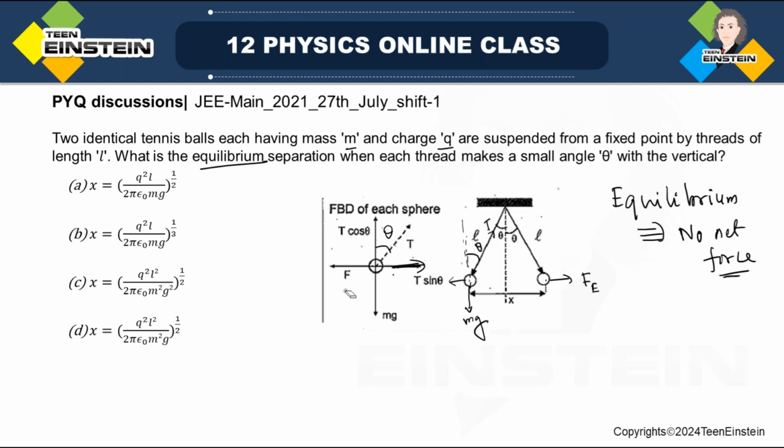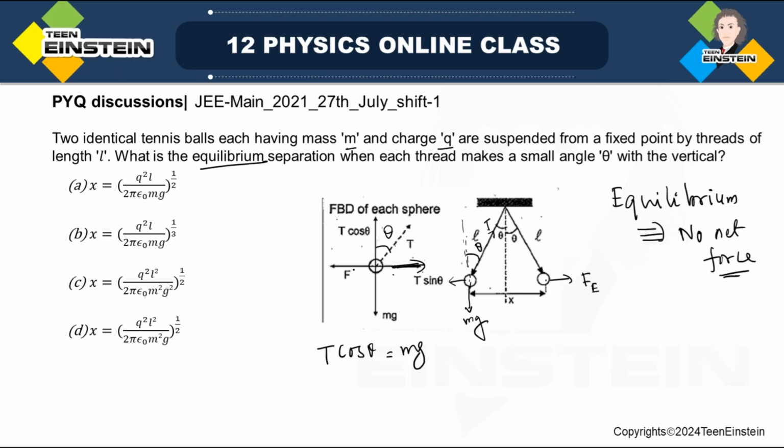Let me take one ball as I was showing you the FBD. Look here. So this mg, the weight of the tennis ball, will be counteracted by T cos theta. So T cos theta is equal to mg. I can write that. And what about this electric force? Electric force will be counteracted by T sin theta.